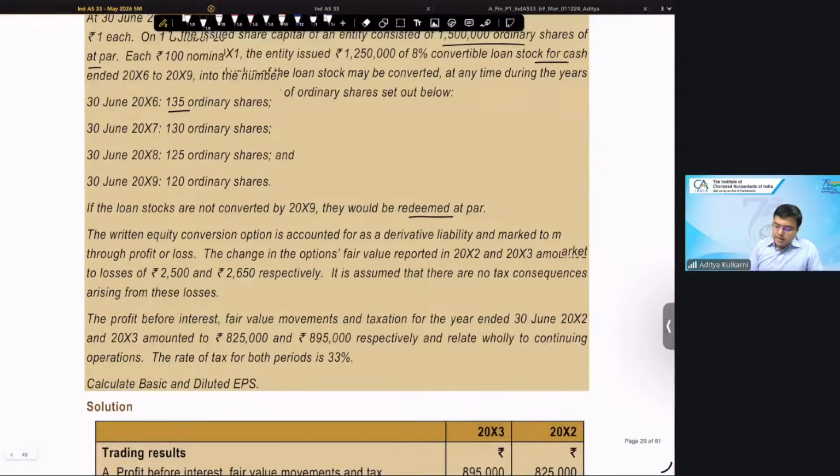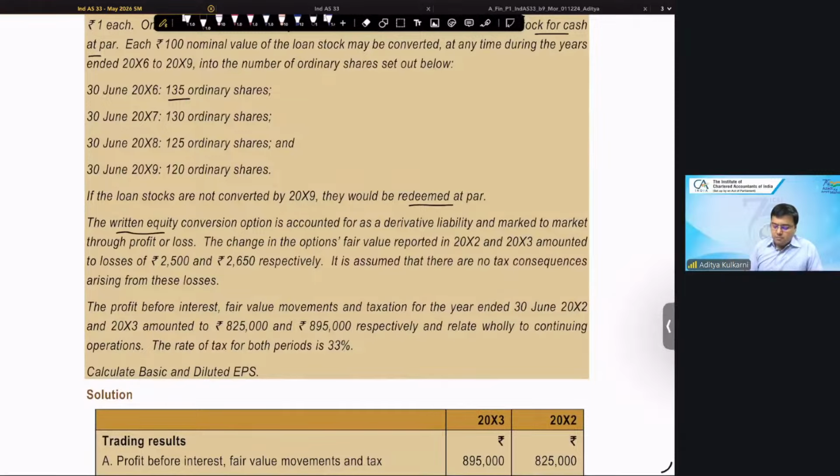The written equity conversion option is accounted for as a derivative liability and marked to market through the P&L, treated as a financial liability. The change in the option's fair value reported in X2 and X3 amounted to losses of 2,500 and 2,650 respectively.